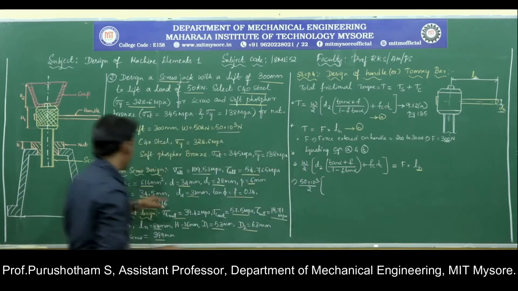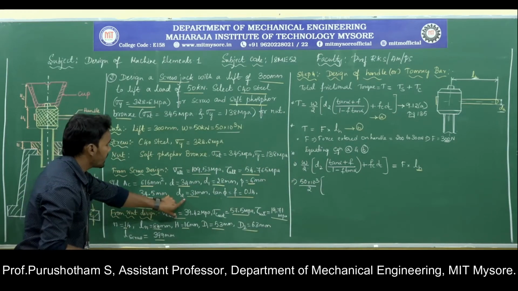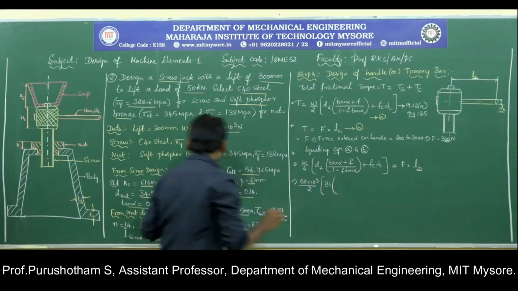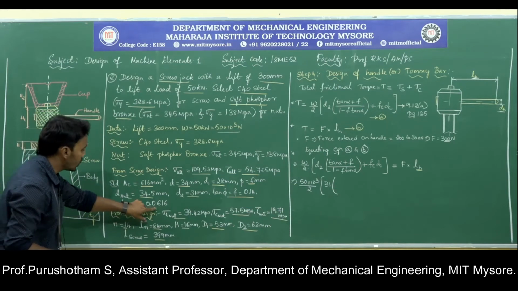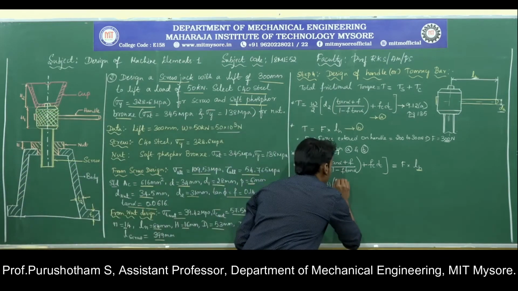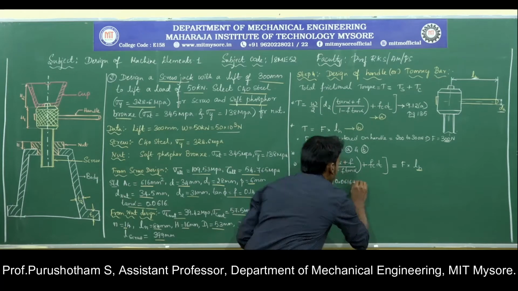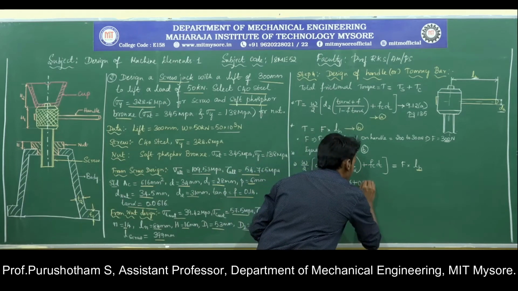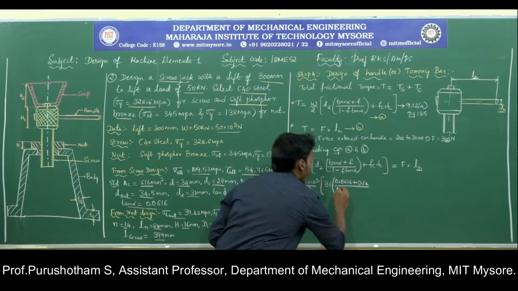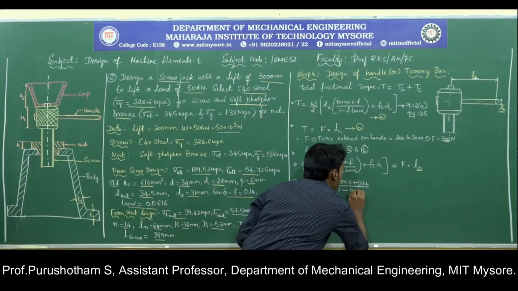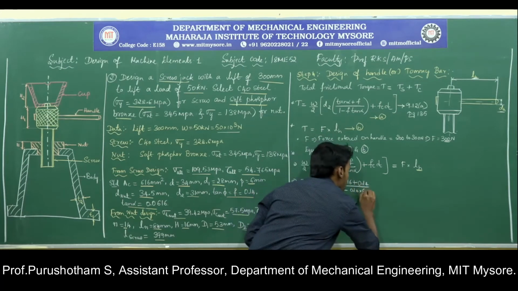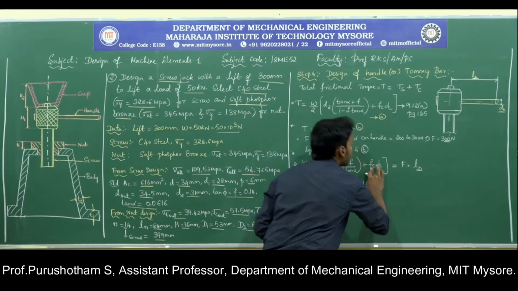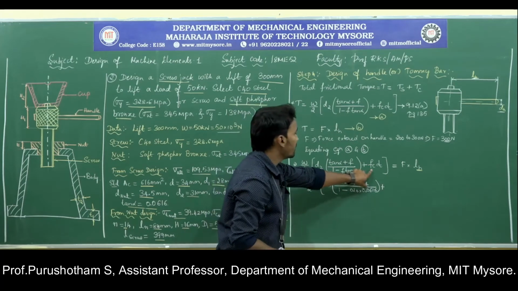D2 is the mean diameter of the screw, that is 31, into (tan alpha, that is 0.0616, plus F, the coefficient of friction of the screw, 0.14, divided by 1 minus 0.14 into tan alpha, 0.0616) plus FC DC, which was calculated in the previous step.